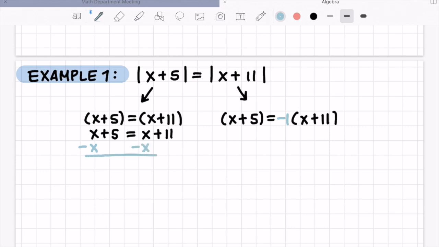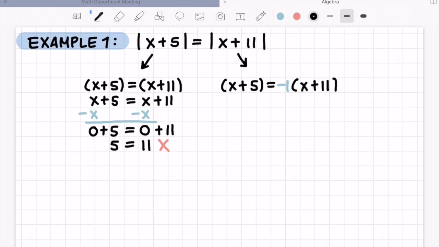When I subtract x on both sides, I get 0 plus 5 equals 2, 0 plus 11. 0 plus 5 just equals to 5, and that just equals to 11. Now, in the case where it says that 5 is equal to 11, that statement is incorrect. Therefore, what I should get is a no solution answer.